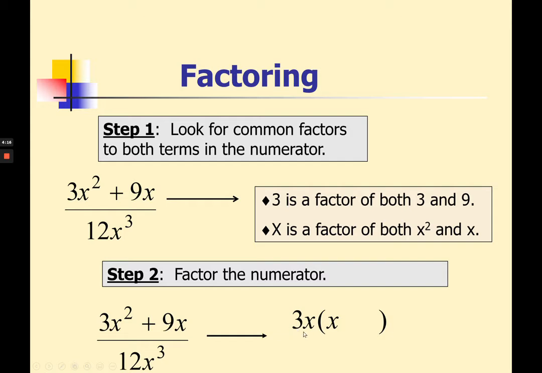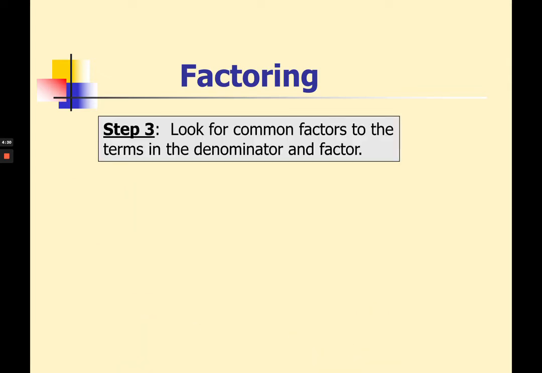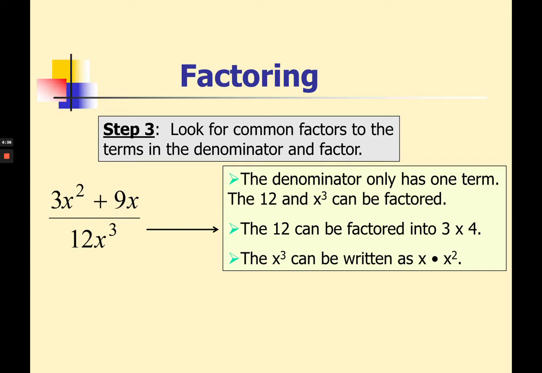Or shall we just say, what do you multiply to 3x to get 9x? You need 3. And we just factored your numerator. Copy your denominator, but we also need to factor it. Now, look for common factors to the terms in the denominator and then factor.